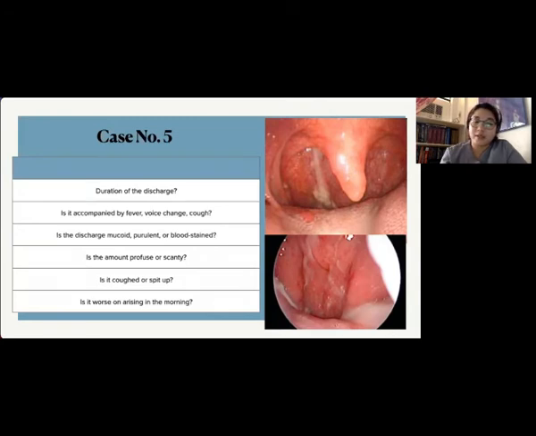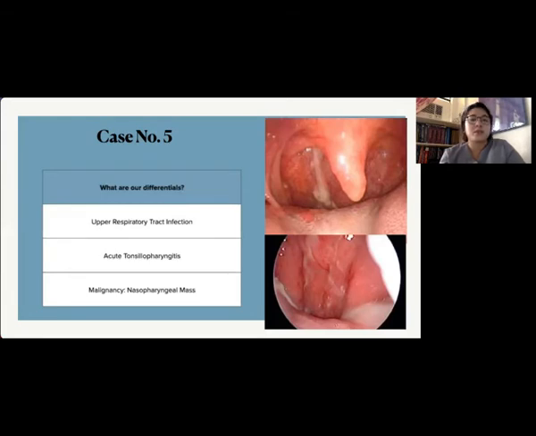Is it accompanied by fever, voice change, cough? Is the discharge mucoid, purulent, or blood-stained? Is the amount profuse or scanty? Is it coughed or spit up? Or is it first on arising in the morning? So what are our differentials? We can think of probably upper respiratory tract infection or acute tonsillopharyngitis, or malignancy such as a nasopharyngeal mass.